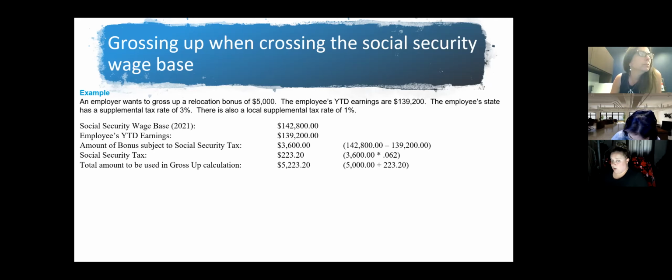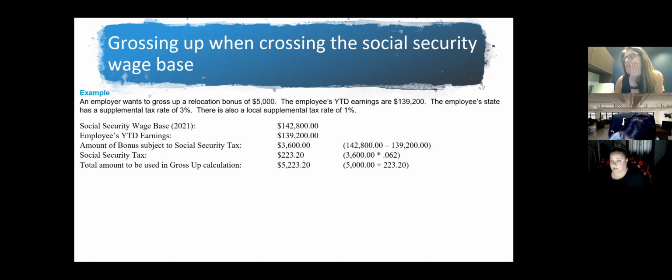Then we can gross it up for the rest of the taxes that we need to gross it up for, which is Medicare, Social Security we've already taken care of, federal income tax withholding. Since this is supplemental, we're going to use our 22%.